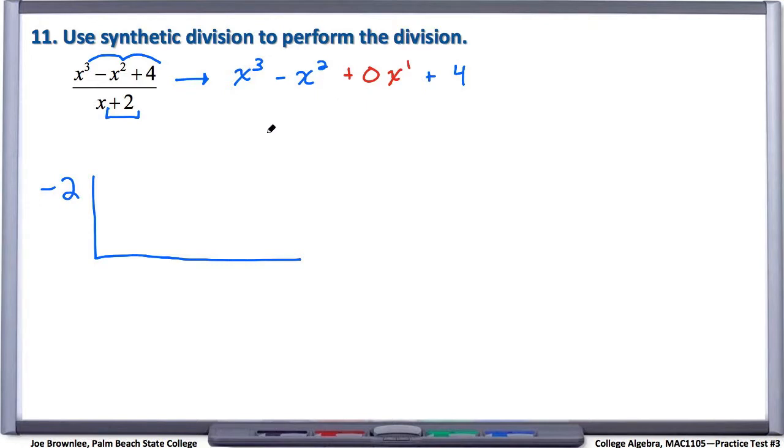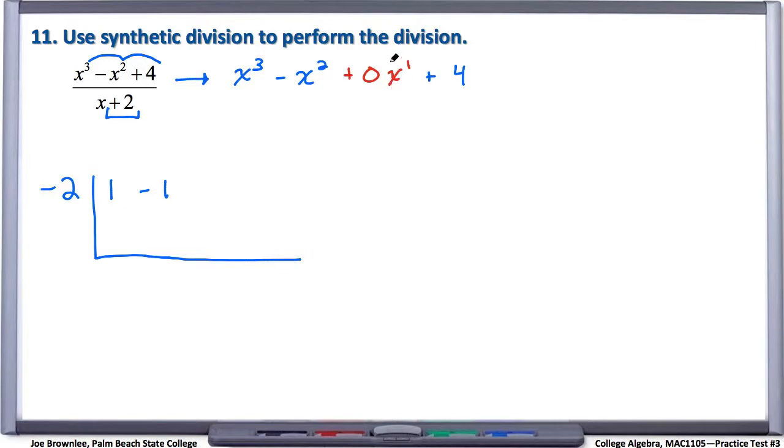With synthetic division, we use the coefficients of each term in our dividend, filling in from highest to lowest degree. We look at our x cubed term; the coefficient is 1, so we fill in 1. The x squared term has a coefficient of -1, so we fill in -1.